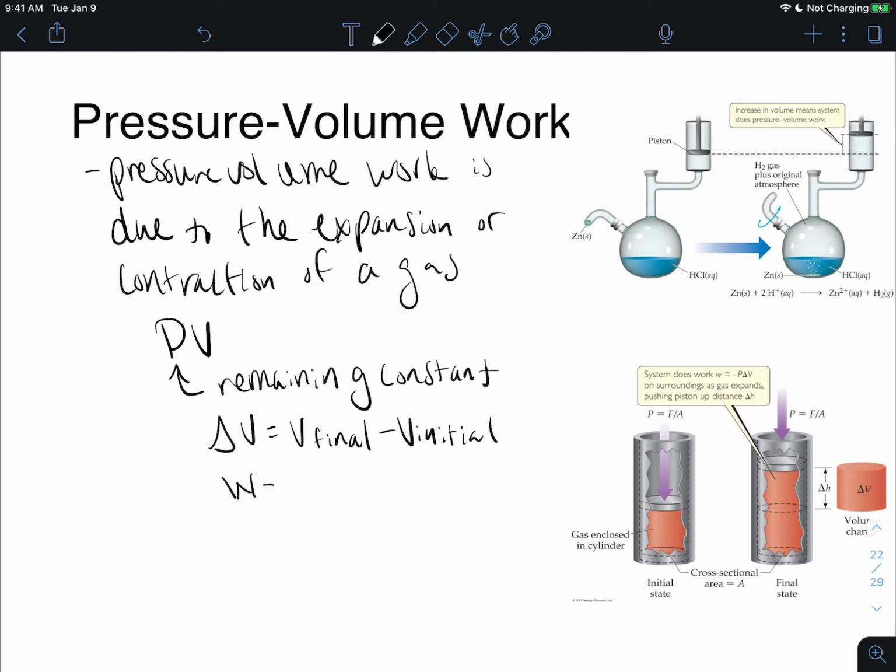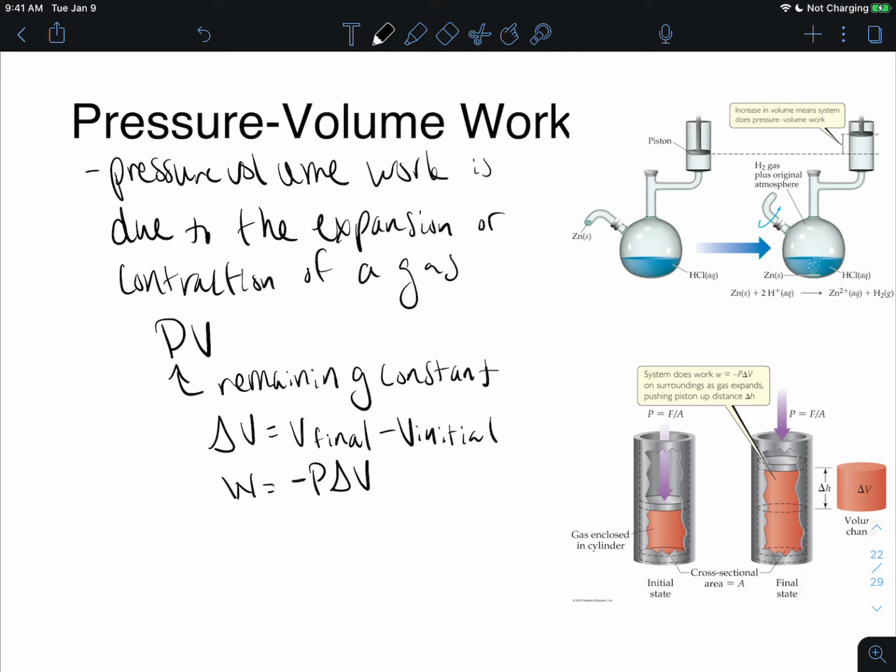So our work itself is equal to negative P delta V. Okay. You see the sign here is a negative. So work is equal to the negative P delta V. We have to think about this in terms of how our volume is expanding or contracting. So if we have a system and we've expanded that gas, our work is done by the system.